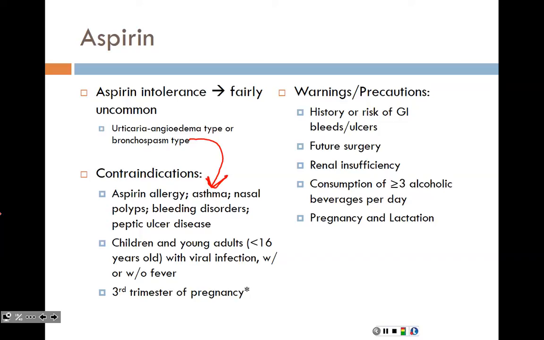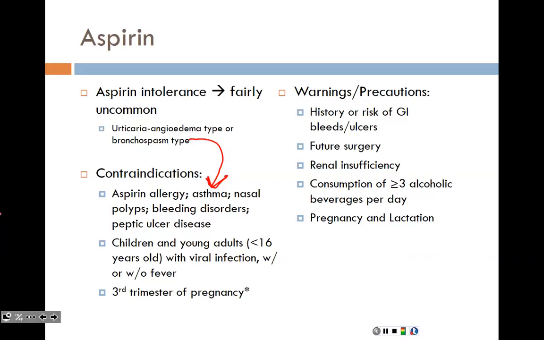So patients with asthma have difficulty breathing already. And what if we give them aspirin and it's not tolerated in them? We're going to trigger an asthma attack and they may not be able to breathe because their lungs are not going to be working properly because of the bronchospasm.